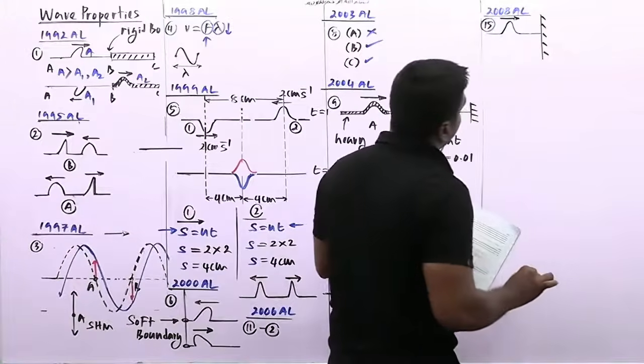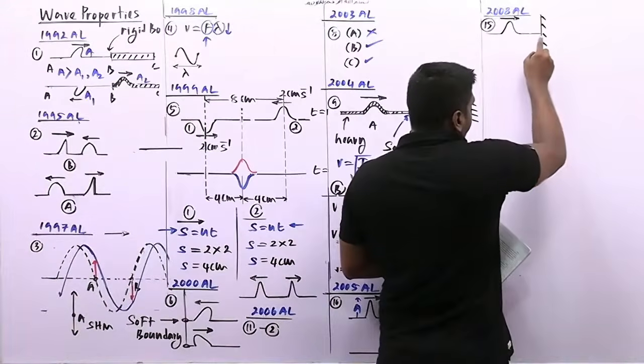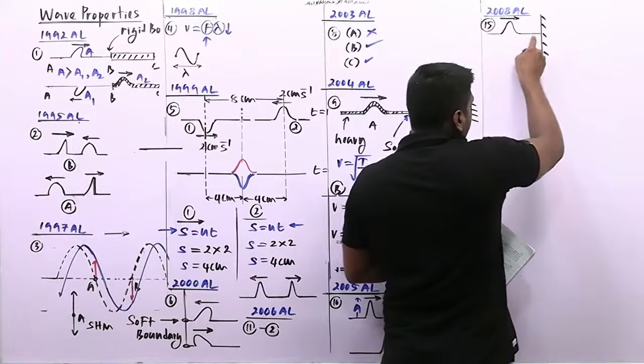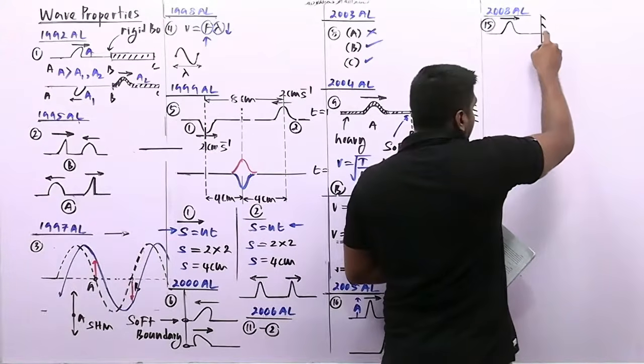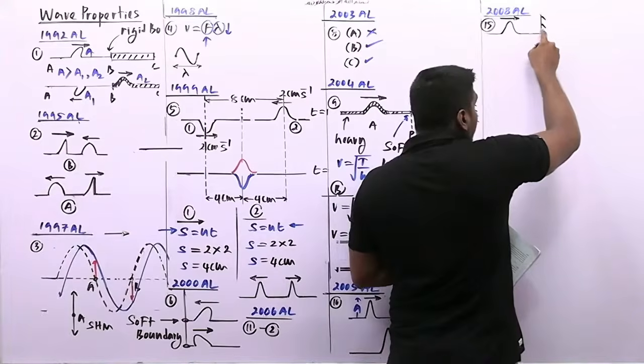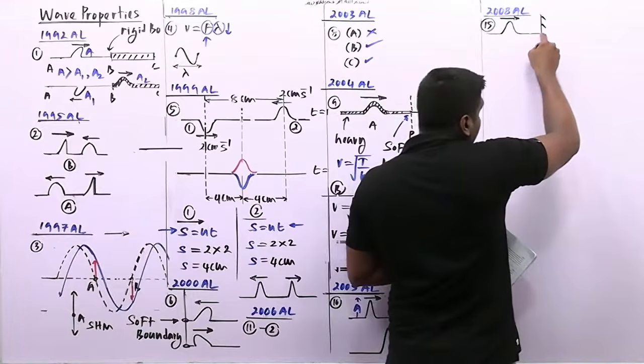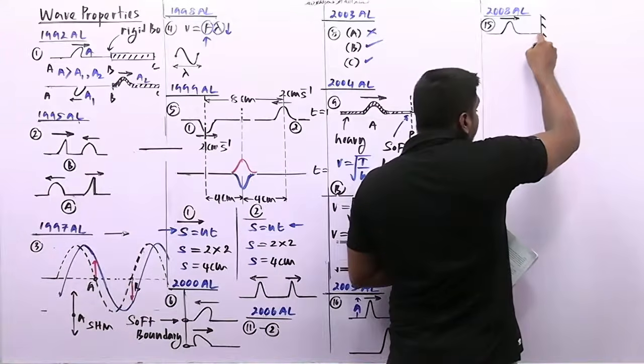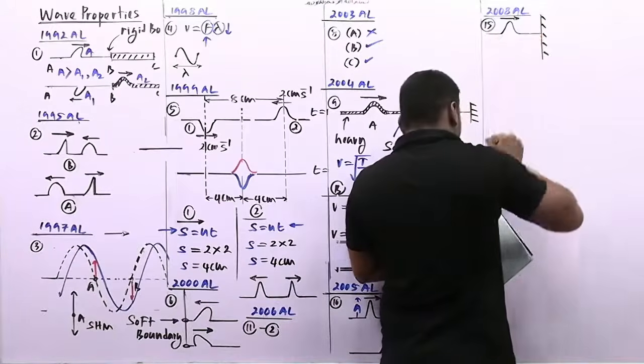Now we know that since this string is attached to the vertical wall rigidly, this point is going to be a rigid boundary. Then we know rigid reflection occurs at this boundary.